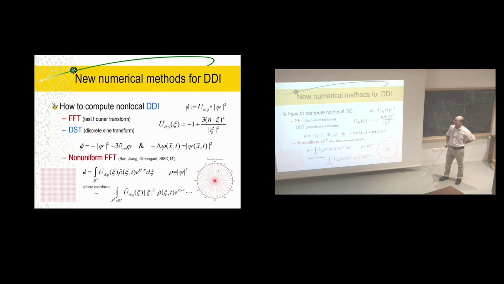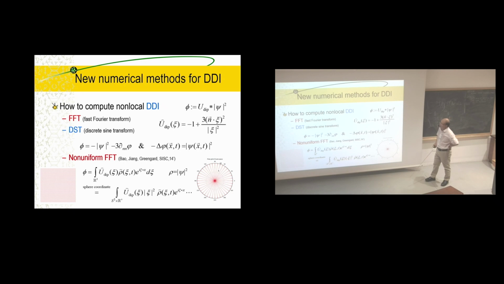Of course this one is much faster than the other one, with the same computational cost. Again, this one still has some error, which can be improved from maybe 10 to the power minus 2 to 10 to the power minus 6. Later we found a good method called the NUFFT, using the nonuniform FFT.